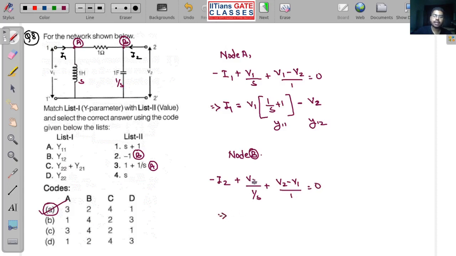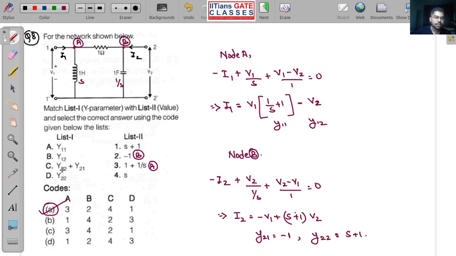So if I segregate again in terms of V1 and V2, what I am going to get? I2 is equal to minus V1 plus (S plus 1) V2. So you can see what? Y21 is equal to minus 1, and Y22 is equal to S plus 1.